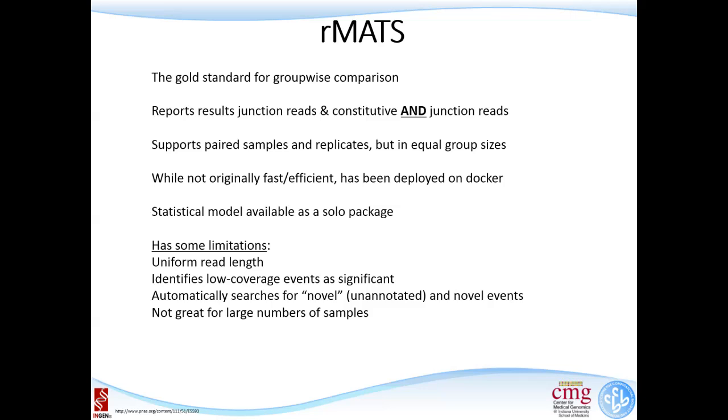And it reports results for both junction and constitutive reads, and it will also report results for just junction reads. So it's not particularly fast and efficient, but it has been updated so that it does work a lot quicker. And it's actually been deployed on Docker, so you don't have to go through all of these ridiculous steps just to get a package to load, which is nice.